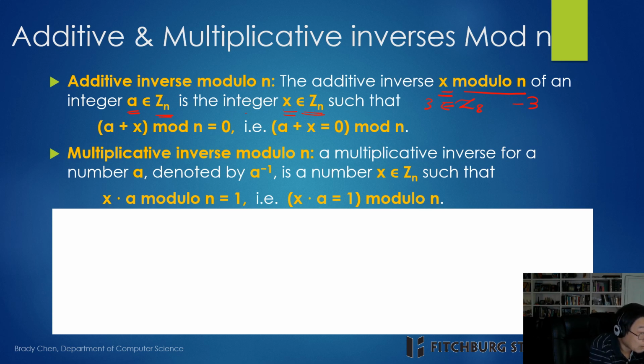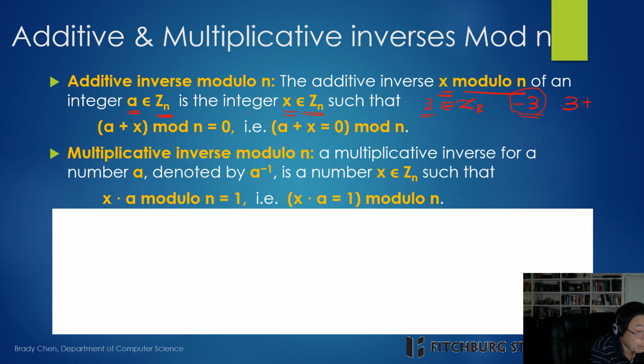But because we have to make sure the elements are confined in Z8, minus 3 is not an element of Z8. So you cannot say minus 3 is the inverse modulo n. We have to find the element in Z8 such that 3 plus the element is 0 modulo n.